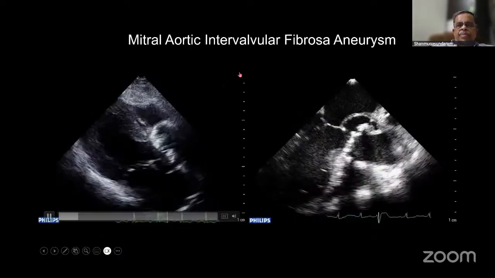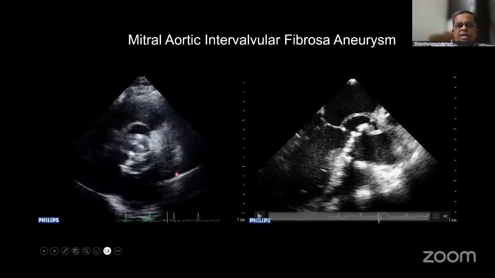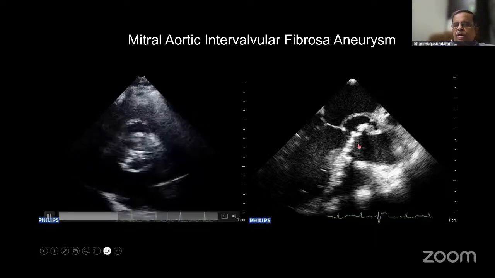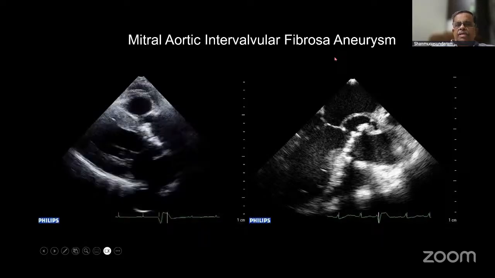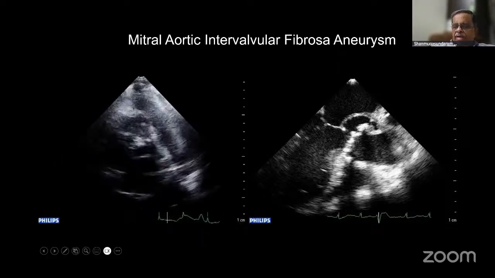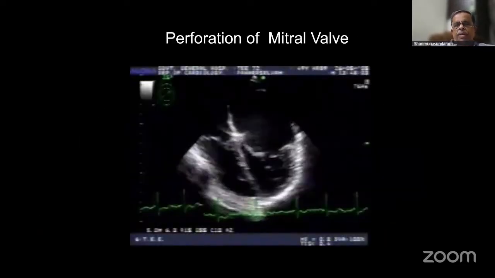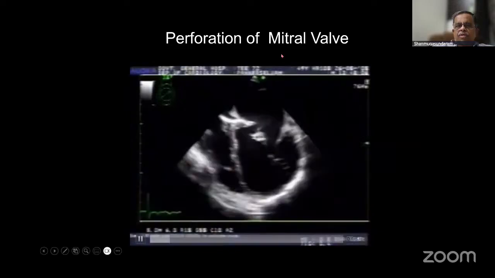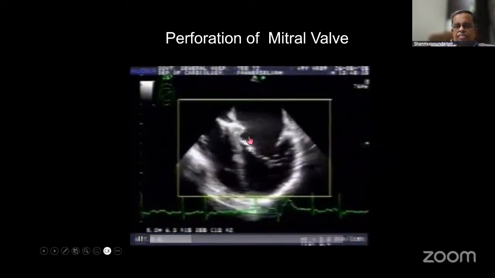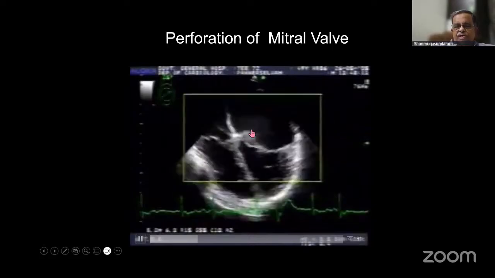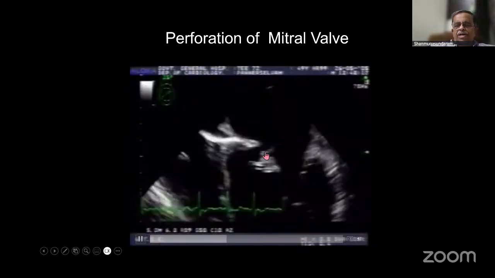This is a patient with aortic valve endocarditis. Look at, there is some echo-free space close to that. It is nothing but an aneurysm of the mitral aortic curtain or the intervalvular fibrosa. Again, it is an indication for surgical intervention. One more example of a perforated mitral valve. You can easily demonstrate discontinuity in the transesophageal echo. Something like the windsock of a ruptured aneurysm of sinus of Valsalva.